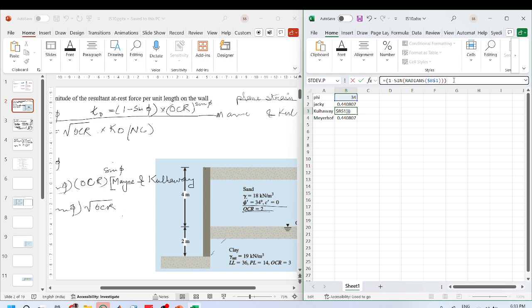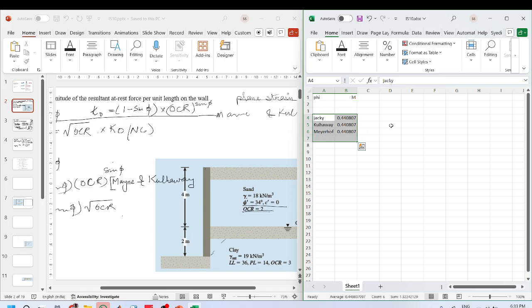Kulhawy was 1 minus sine phi into OCR. And then we have OCR, which is 2.